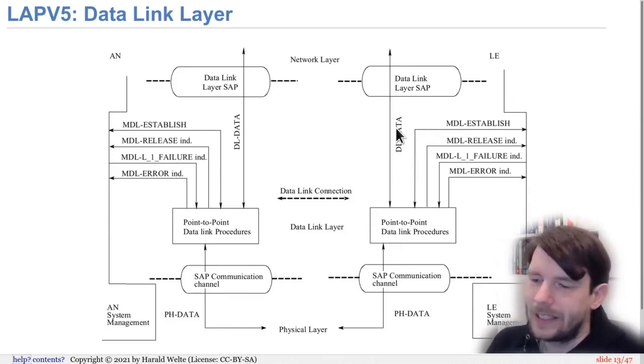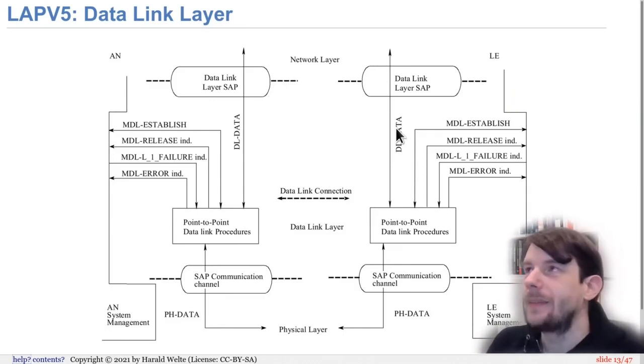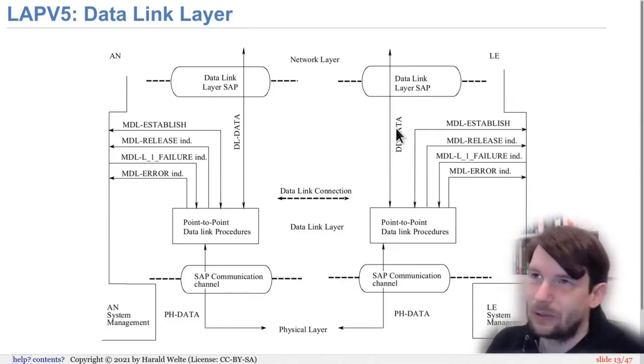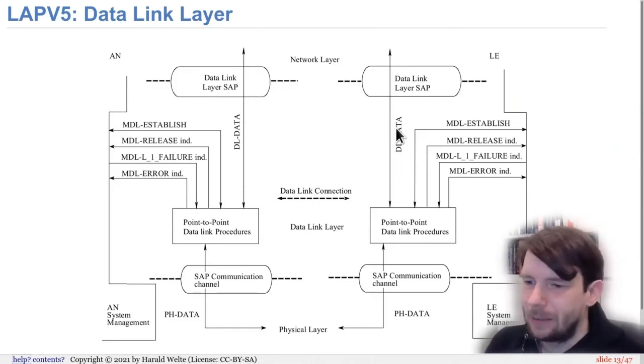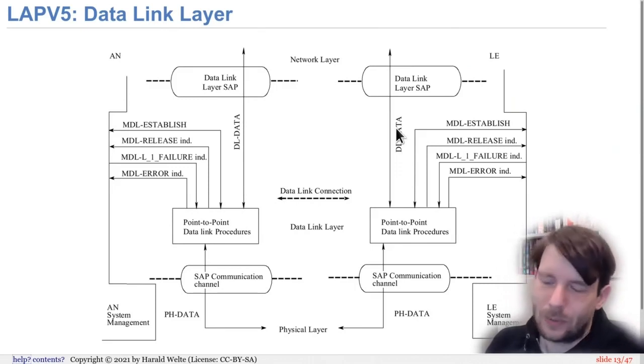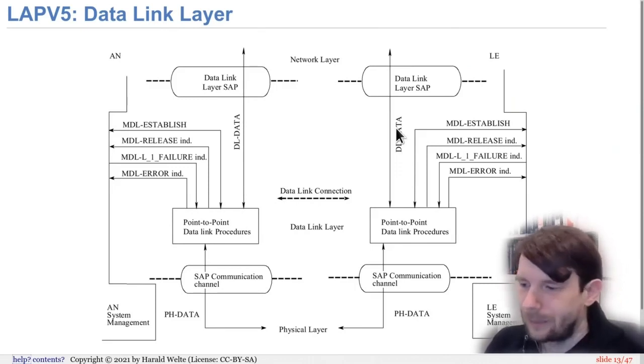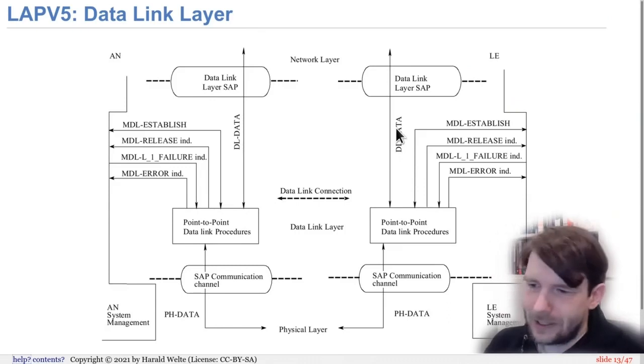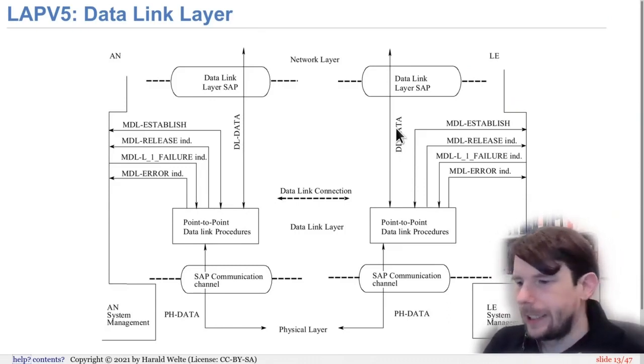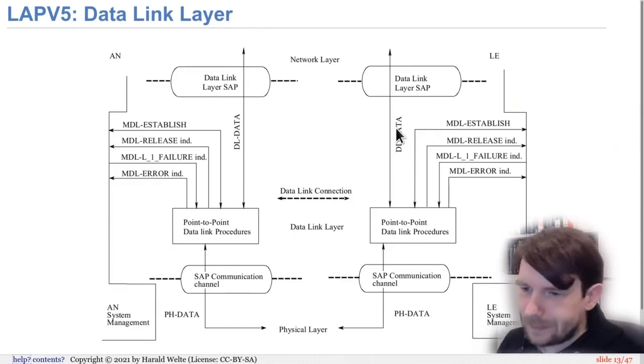It's a bit like TCP, you could say, from the IP world, but with the difference that we are not talking about streams here, but about datagrams. So LAPV5 is reliable and also optionally unreliable. You have both acknowledged and non-acknowledged messages, so-called I-frames and UI-frames that carry data, and it provides these services to the upper protocol layers on the interface.